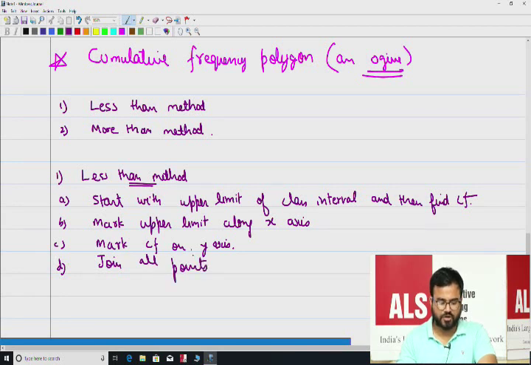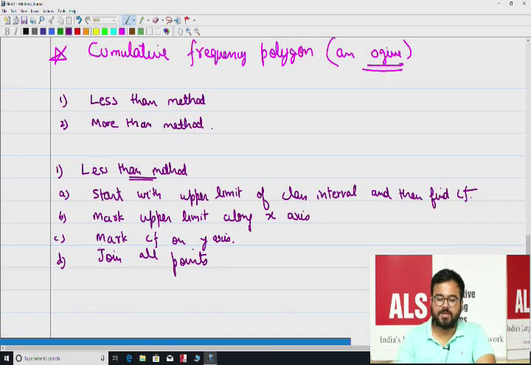And then we join all points. That connection of all those points will give you the ogive of less than type. So note down these 4 points first. These are the steps by which we can draw that.